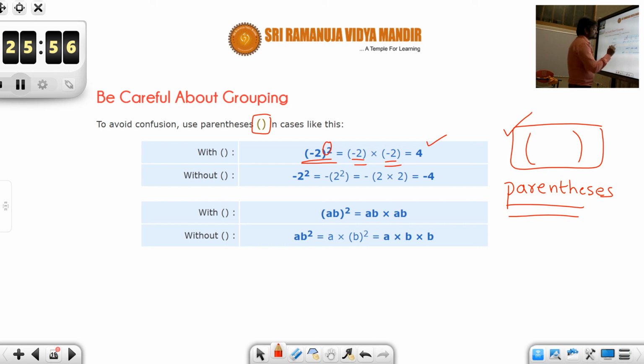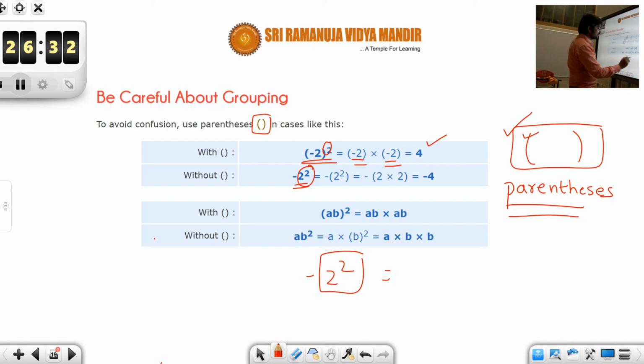Okay students, now see, this is the main tricky thing. That is why the parenthesis is introduced over here. In the second example, this is minus 2 square. In this minus 2 square, 2 is repeating 2 times. It is not minus 2. Whereas if you look at the first one, minus 2 is repeating 2 times. Whereas in the second example, only 2 is repeating 2 times.